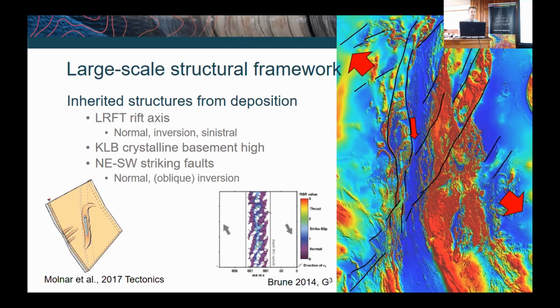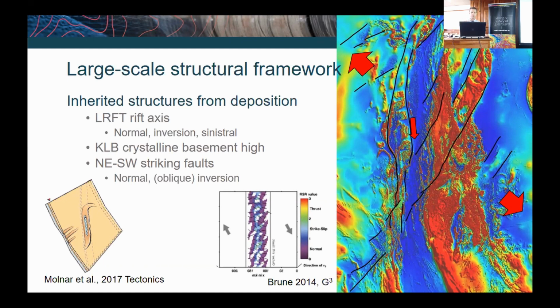Moving forward from all that, where I started with this project, apart from looking into the new data, was trying to understand the large scale framework. This is actually an approach that Karen takes using seismic interpretation, and it's something that I've tried to do, but in the map view as well.